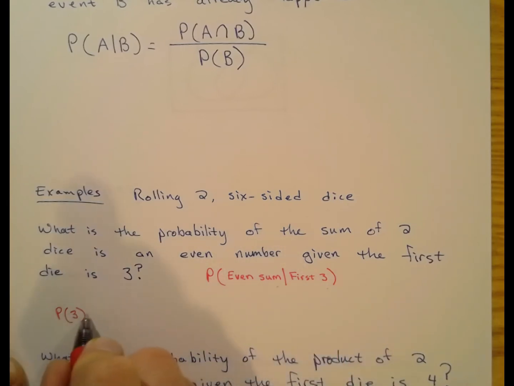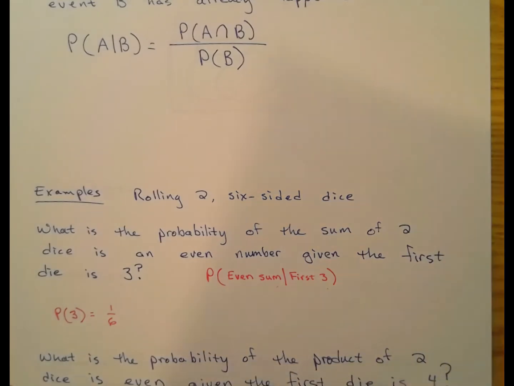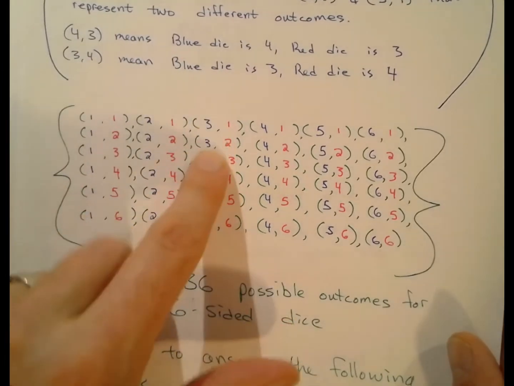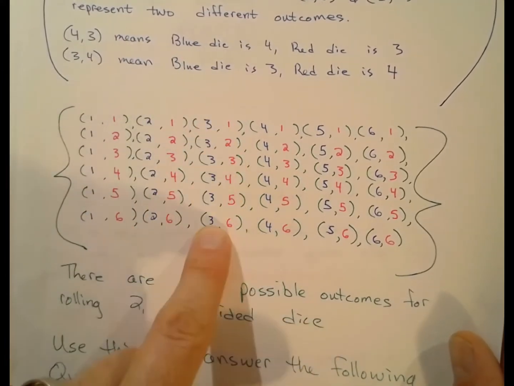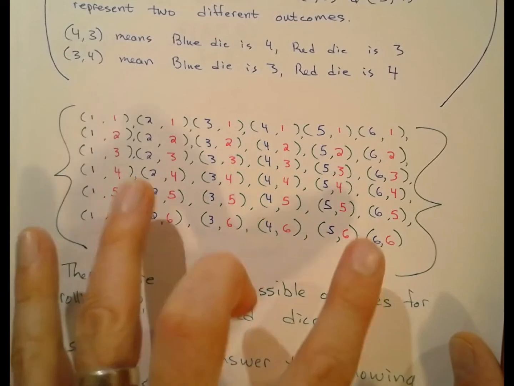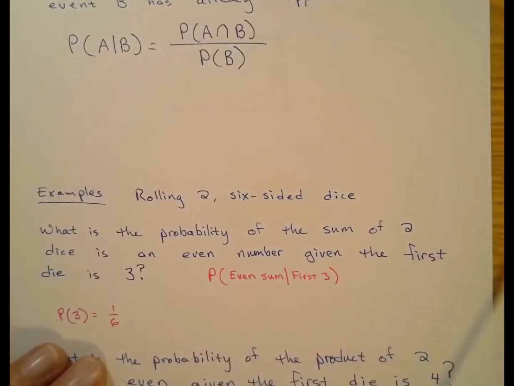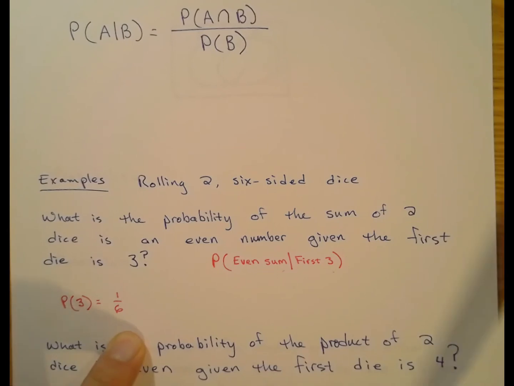Let's check the probability that the first die is 3. That's 1/6. Let's see if I have last week's sample space by my side. So it's basically 6 out of all 36 of these. So 6 out of 36 is 1/6.